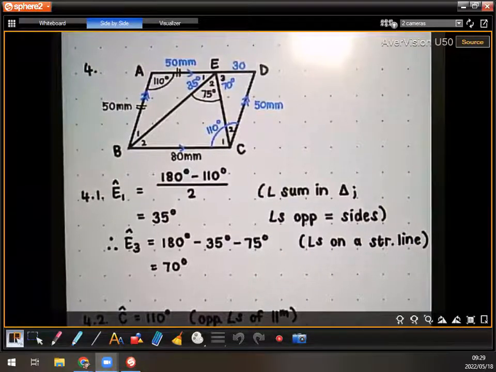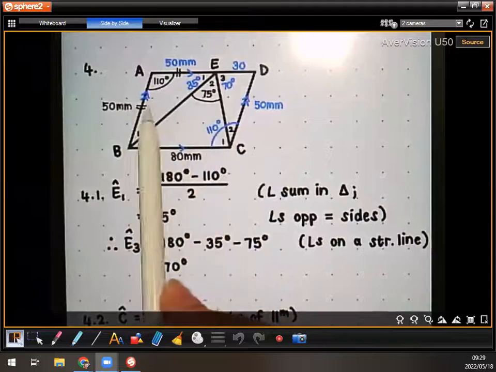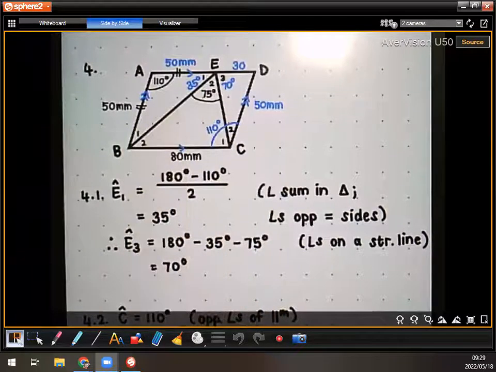Well, not isosceles. For it to be isosceles, these two sides would have to be equal. But you don't know that yet.